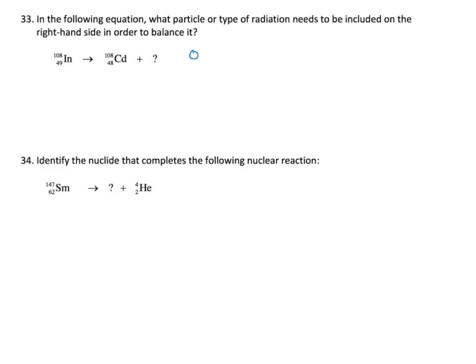And we already have 108 on both sides. And then if you look on the bottom, we have a 49 on the left and a 48 on the right, so we need it to be +1 on the bottom in order for the right-hand side sum to be equal to the left-hand side sum. So what kind of particle has 0 mass number and +1? That is a beta, which we also call a beta plus or a positron.